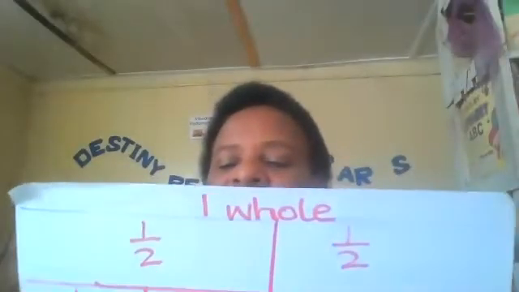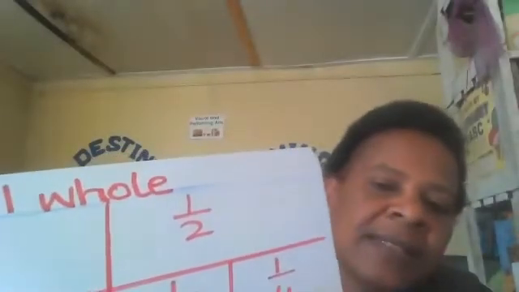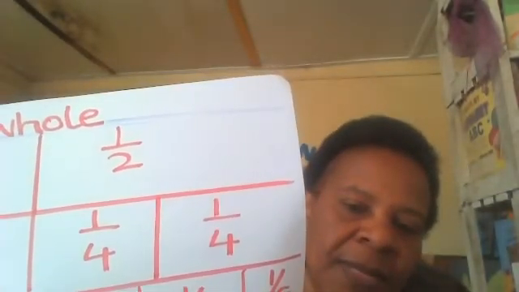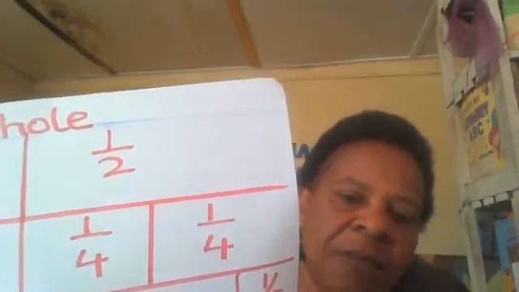And then each half is divided into how many quarters? Each half is divided into 2 quarters. And then the 2 halves are divided into how many quarters in total? 4 quarters. Yes, there are 4 quarters.